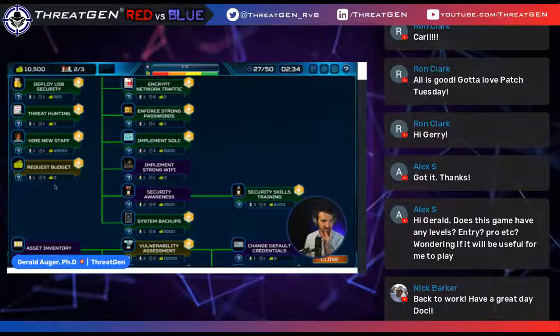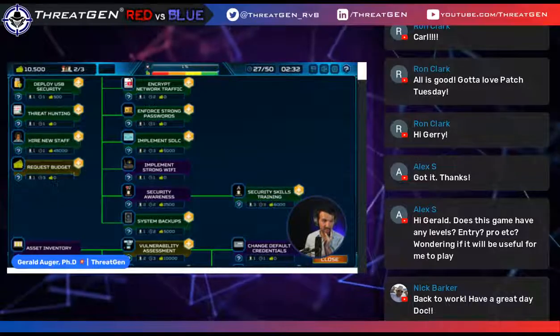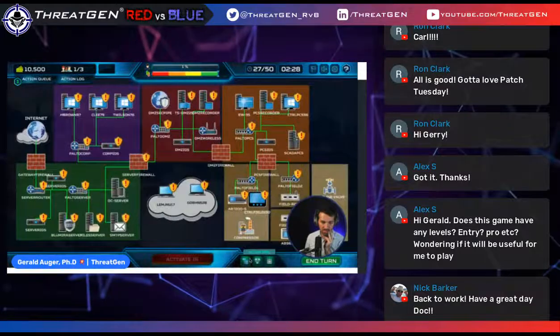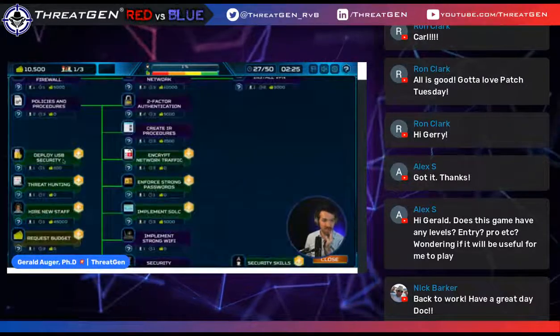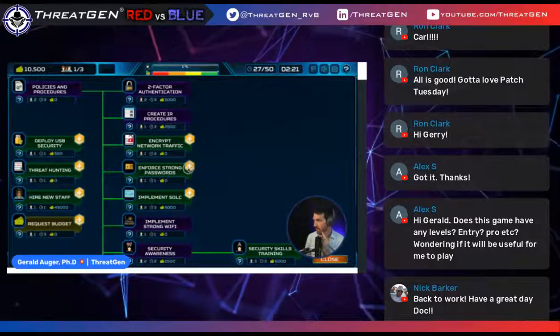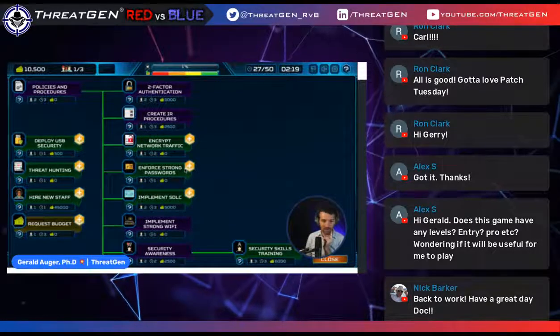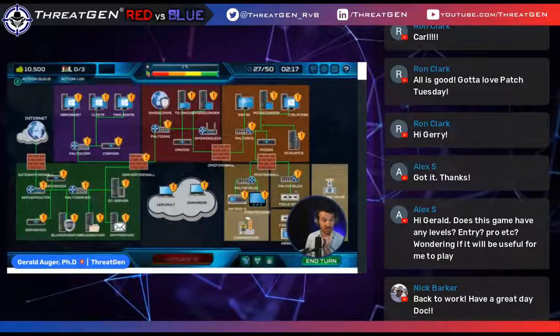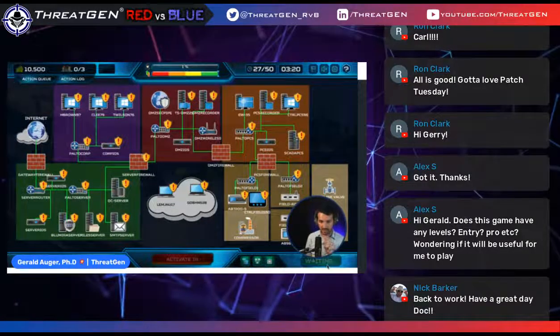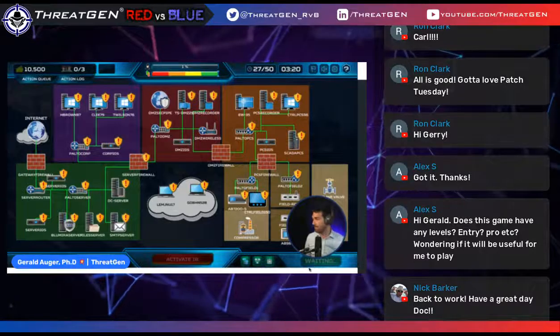Ask for more budget. We're going to need it. Okay. Let's try enforce strong passwords. Let me know in chat what you think we should do, because this is going to resolve itself, and then we're going to see where we're at.